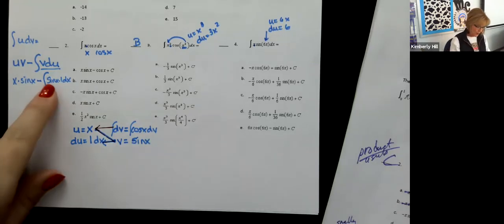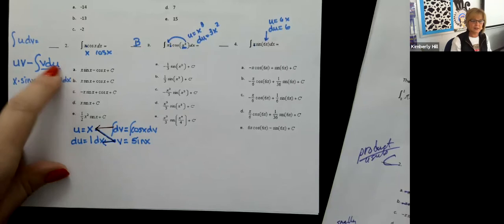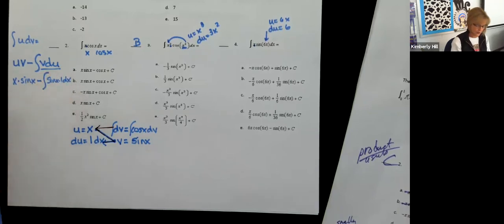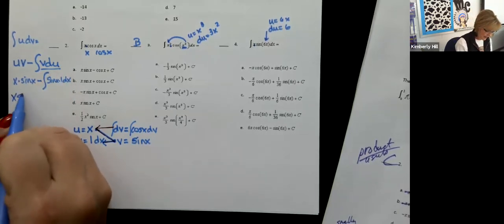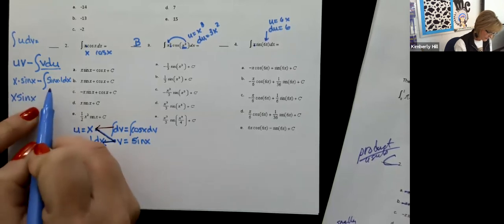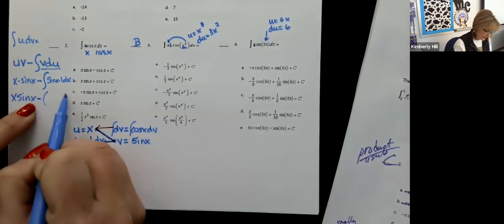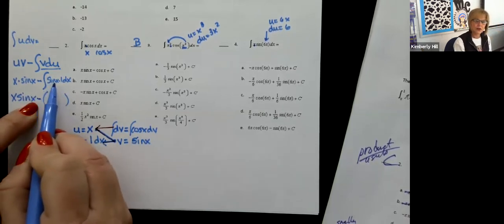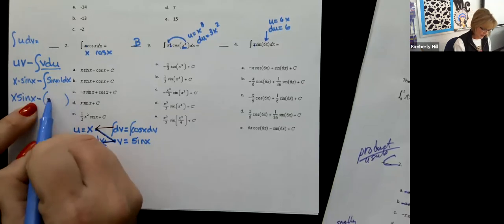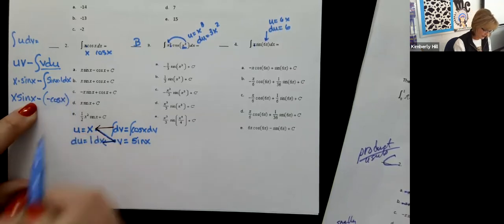So now what you hope happens is that this we can take the integral of, which we can. So x sine x minus the integral of sine x, which would be negative cosine x.